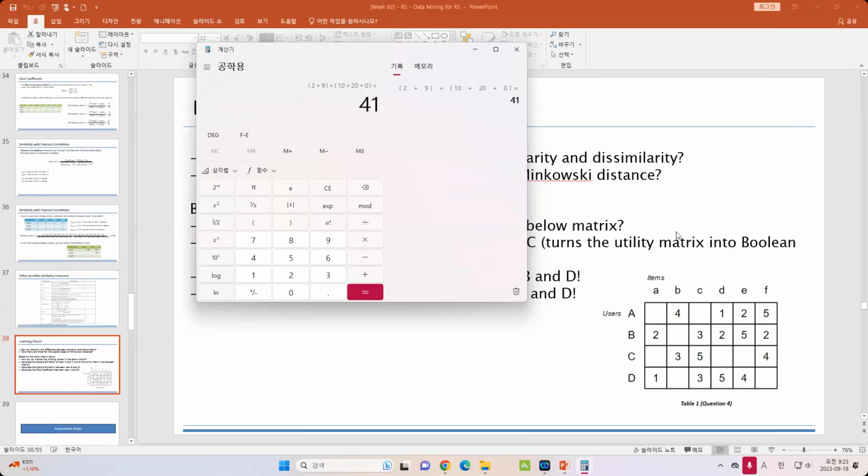41 divided by 4 plus 9 plus 4 plus 25 plus 4, which is 46, square root 6.78.